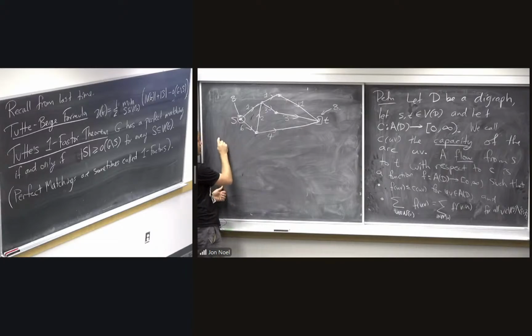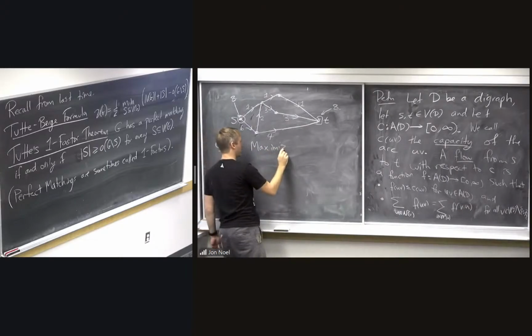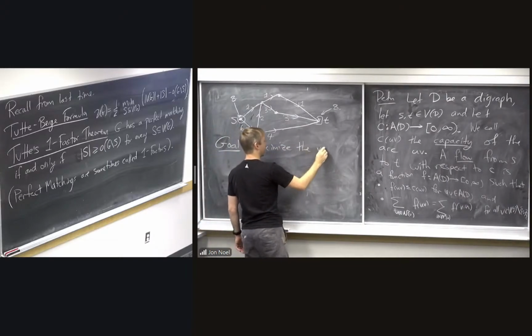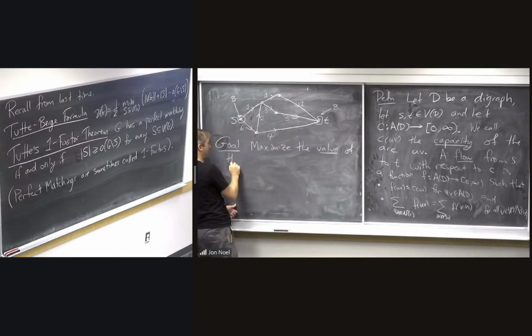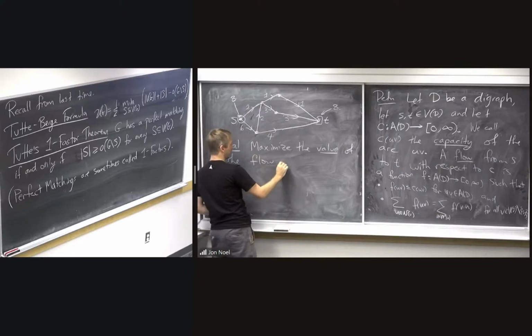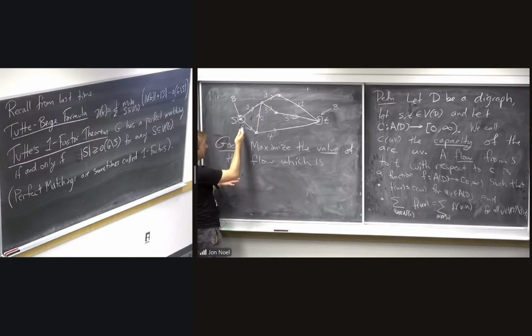So our goal is to maximize the value of the flow, which is just the net amount of flow coming out of S. So it's the sum over all vertices in the out degree of S, f of SV.